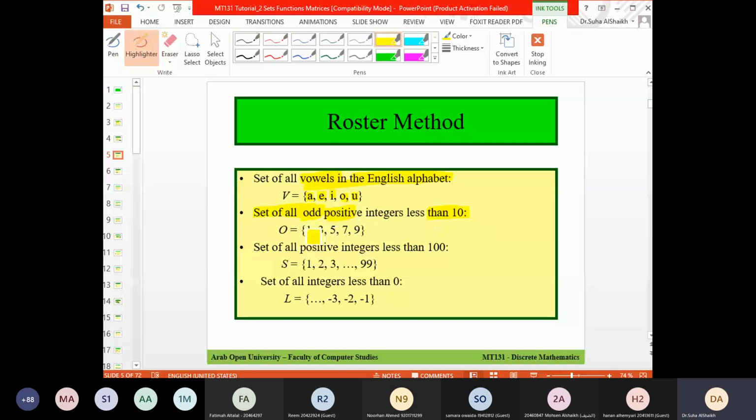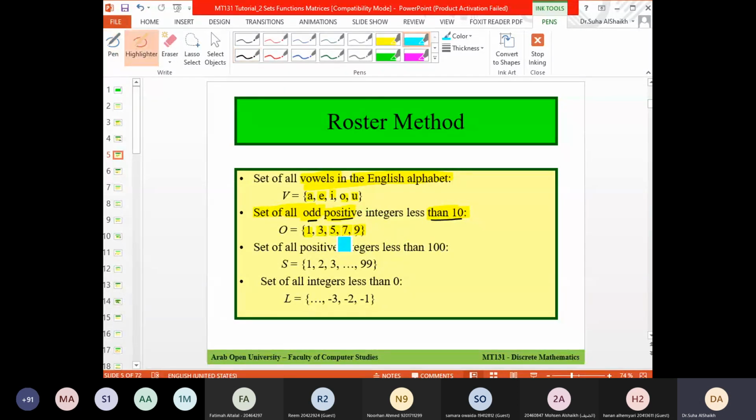So I'm talking about 1 and 3 and 5 and 7 and 9. صح ولا لا؟ إيش النمبرز اللي تكون odd وبوزيتيف و less than 10 في نفس الوقت؟ 1, 3, 5, 7 and 9. Using the roster method, this is how we write it. We use a curly bracket, separate with a comma. Those are the elements that are odd, positive, and less than 10.